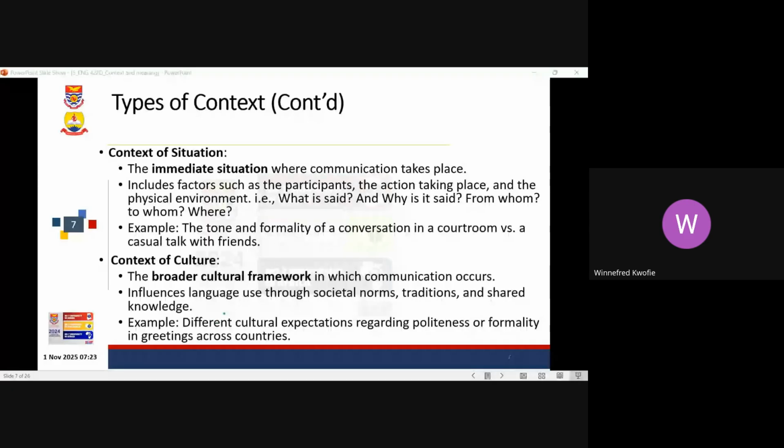So I was giving an example for the context of culture. I was using eye contact. You know, eye contact can be interpreted in different ways based on the culture. In some cultures, when someone is speaking with you, especially when an elder is talking to you, you are supposed to look at the elder's face. If you take your eyes off, it is interpreted as disrespect.